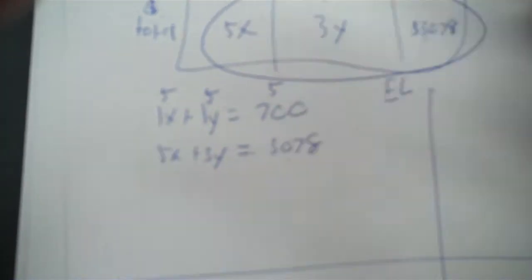I have a 5 as my coefficient in front of the x on the bottom, so I will be multiplying the top by 5. Here I have a 1, so I'll be multiplying these by 1. Then these both will be 5x. So 1x times 5 is 5x. 1y times 5 is 5y. Probably better go to my calculator and find what 700 times 5 is, and that's 3,500.